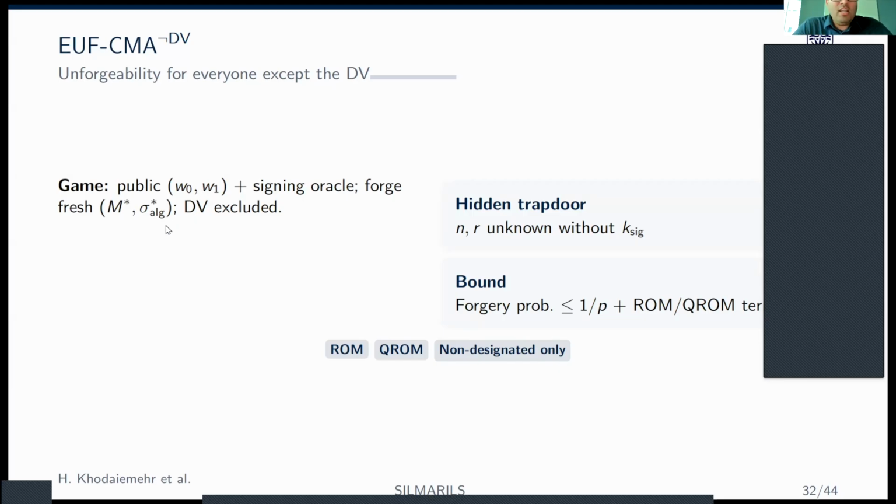Here the DV is excluded from participating in this game. Anybody can attend in this game, instead of the designated verifier. Here we have some hidden trapdoors, which are nonce and receipt, unknown without knowing K-sig. And we bound the forgery probability as 1 over p plus some terms that come from access to the ROM or QROM, in the order of Q, the number of queries, over P or something like that. So they are still negligible terms.